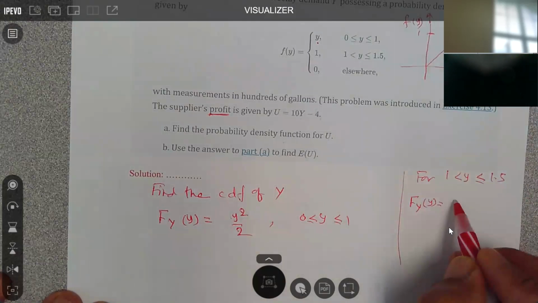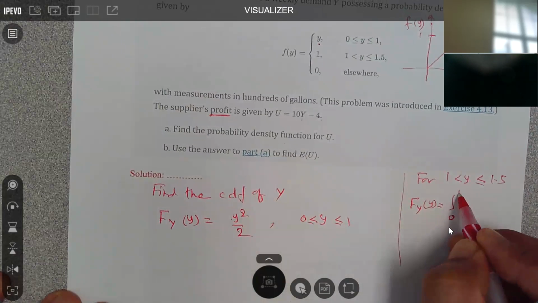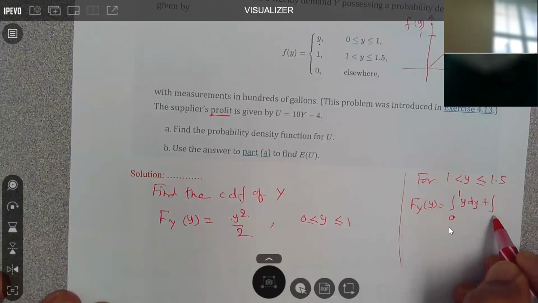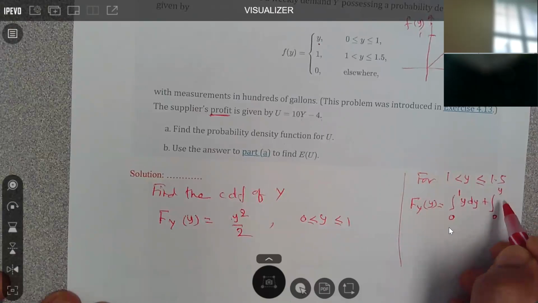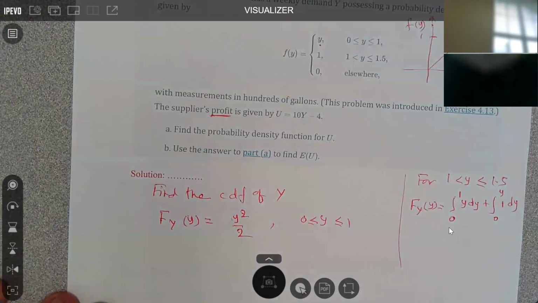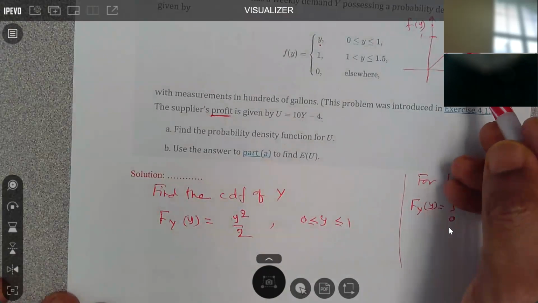So it is equal to integration 0 to 1 of y dy plus integration 1 to y of 1 dy, right? Yes, you have to do the integration up to this point here and then do the integration for this one also.